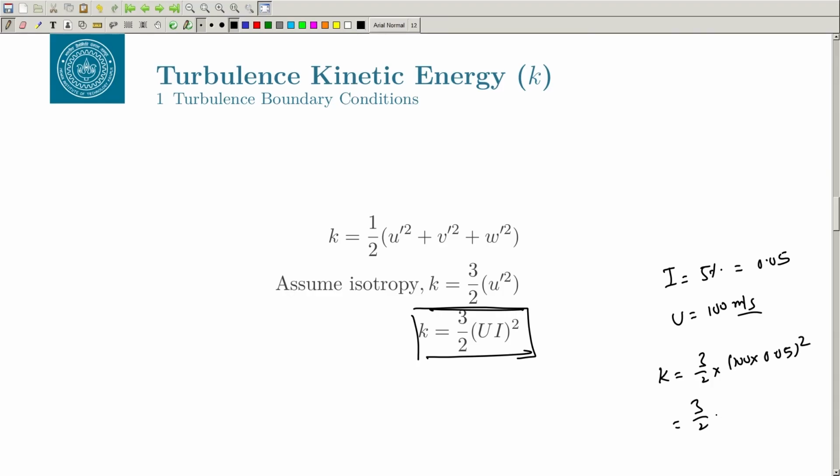So, basically 3 by 2 into 5 square, right. So, that will be the value, it is like 37.5 meter square per second square. So, that will be the value of the turbulence kinetic energy. So, this is how you calculate the turbulence kinetic energy based on the intensity and the mean flow.